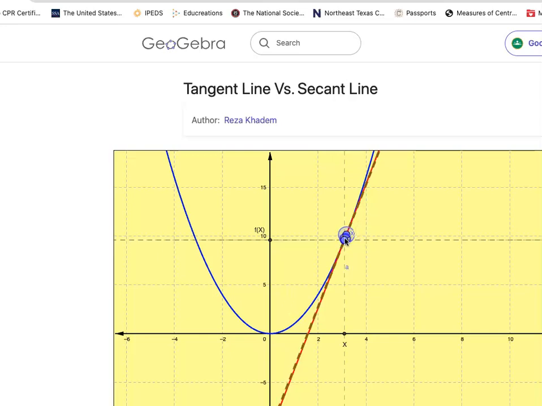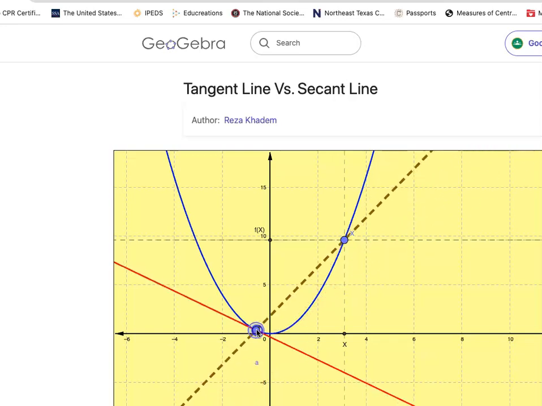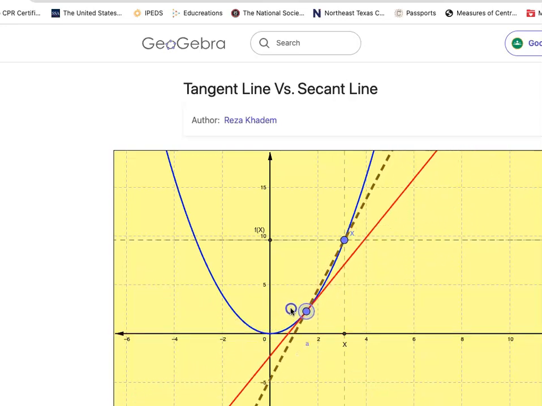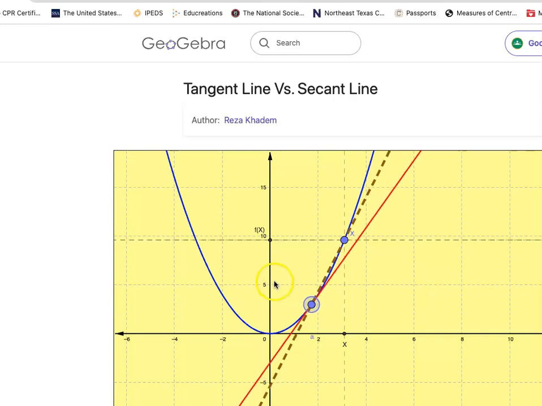We can go back and you can see there's my secant line and my tangent line. So again, as they get closer and closer to each other, they become a tangent line at this point. So that's nice to play around with and see what's going on.